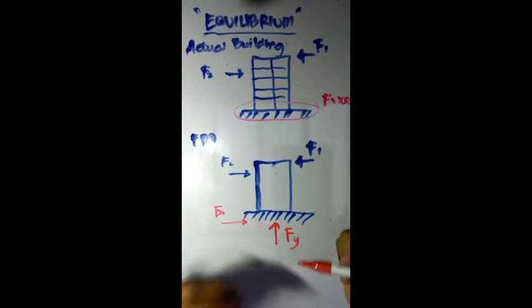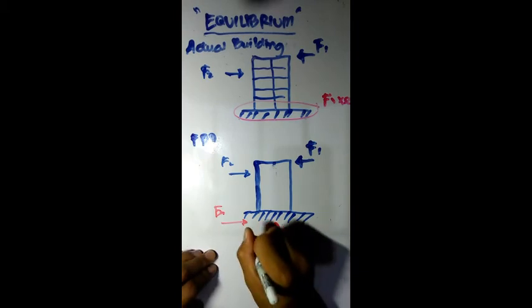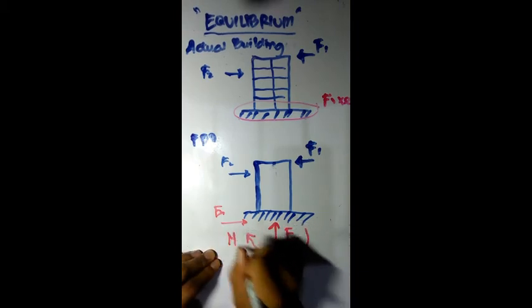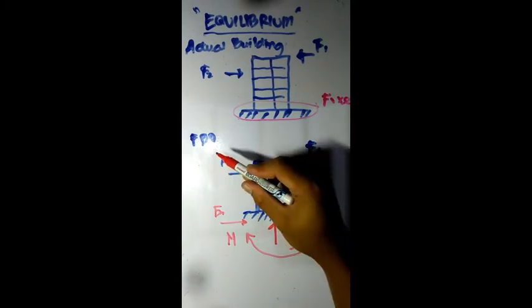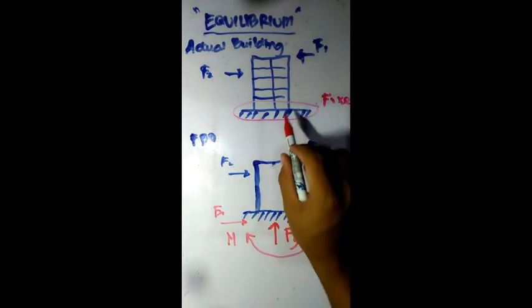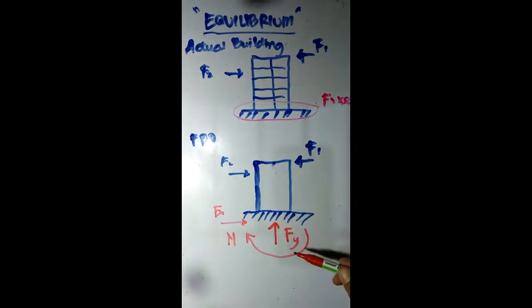Tapos, not just forces, may moment din sa fix. So, as you can see, sa free body diagram, gineglect natin ito, gi-convert natin ito into its illustration through forces and moment. Okay? So, ito yung sinasabi nating free body diagram.